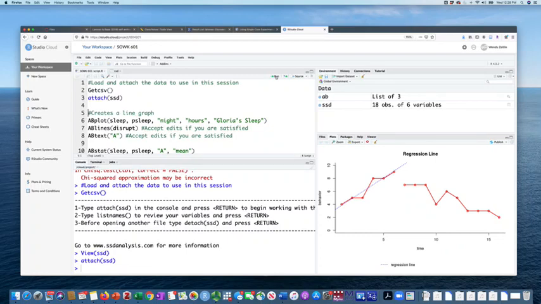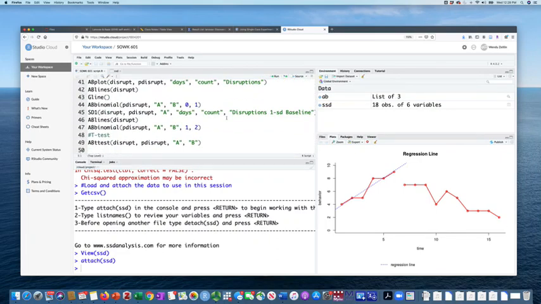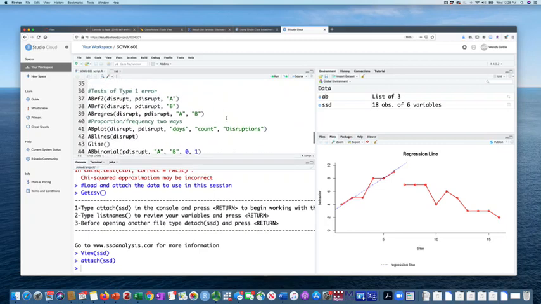And the first thing we need to do when considering hypothesis testing is we have to determine whether there's a trend in either phase, and whether autocorrelation is problematic. So we're going to scroll down to where we were, making some decisions about what test of type 1 error to do.